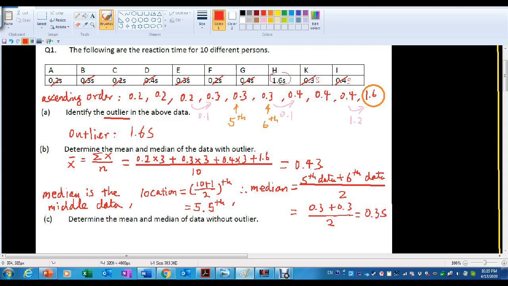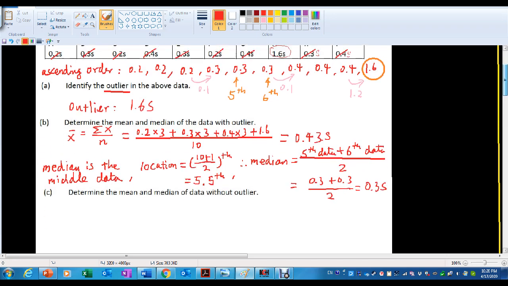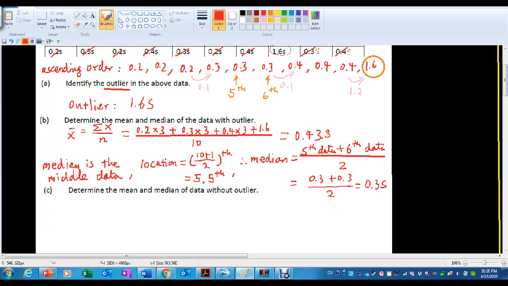So the mean is 0.43 seconds and the median is 0.3 seconds. That's when we calculate the data with that outlier. You find the mean and median just like the method we used before.